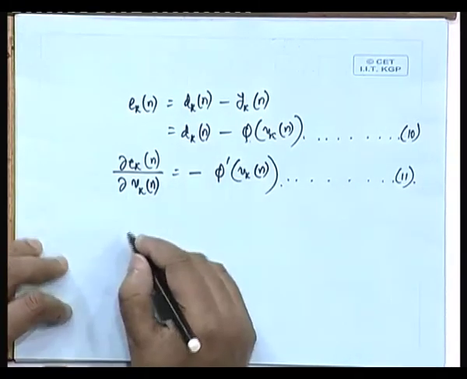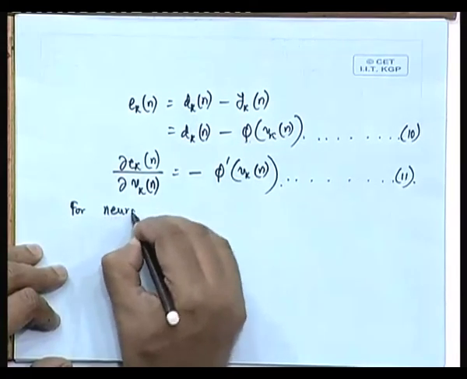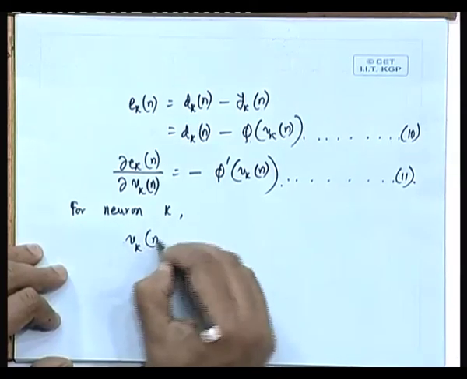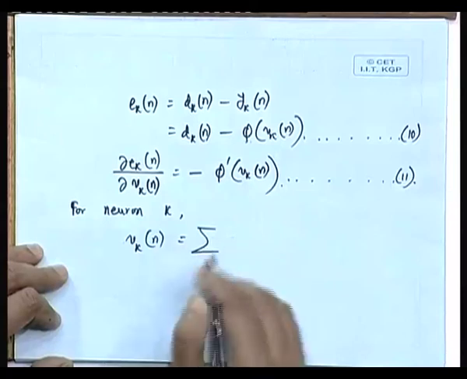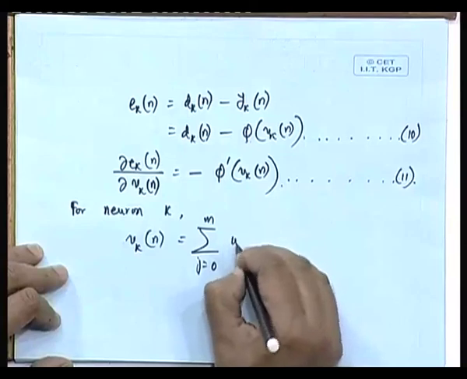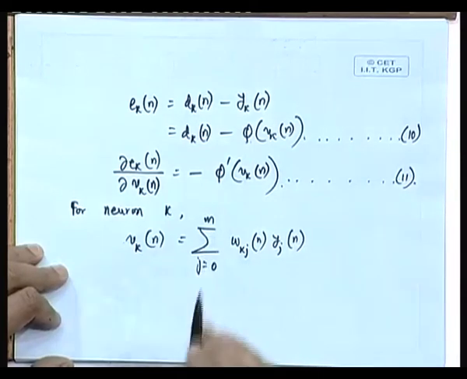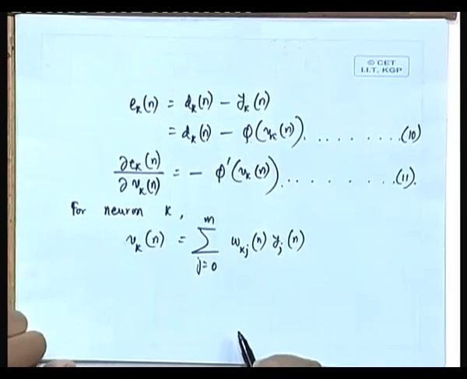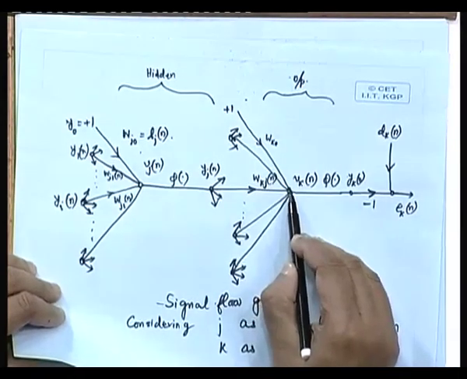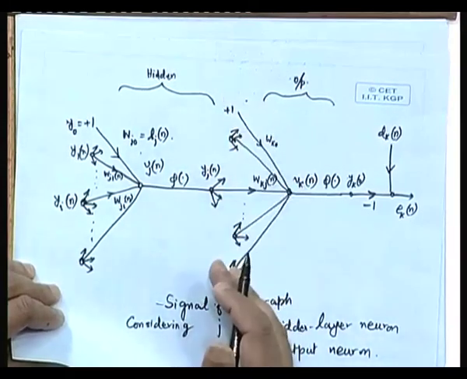Okay. Now, for neuron K, the induced local field can be written as Vkn equal to summation j equal to 0 to m Wkjn Yjn. What is m in this case? Number of hidden layer neurons. Okay, means Vk, I assume, is connected to m number of neurons in its preceding layer. Okay.